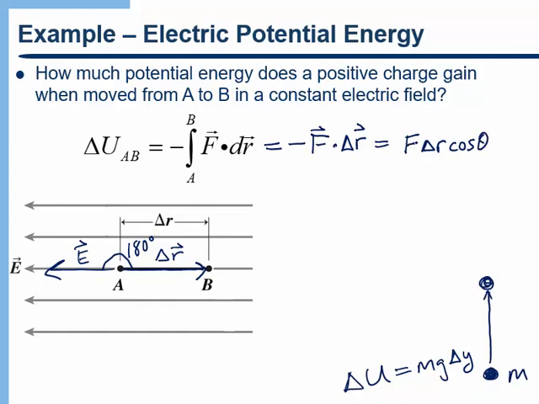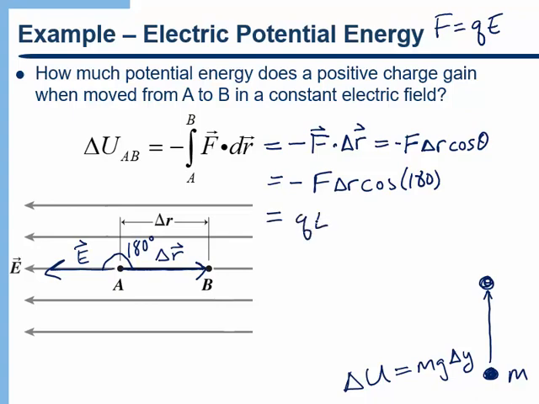Remember that F and delta r are magnitudes. So we get negative F delta r, since we've got the cosine of 180. We also know what F is for a charge in an electric field. It's QE. So we get QE delta r, because you'll notice cosine 180 is -1, so that cancels out the negative sign. So we ended up with delta U equals QE delta r.